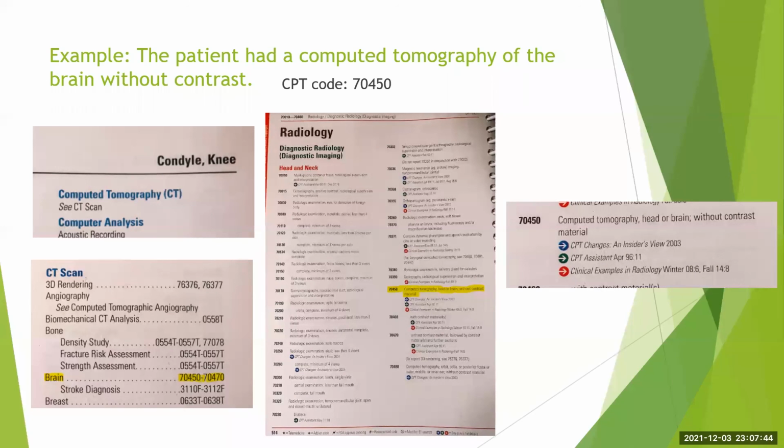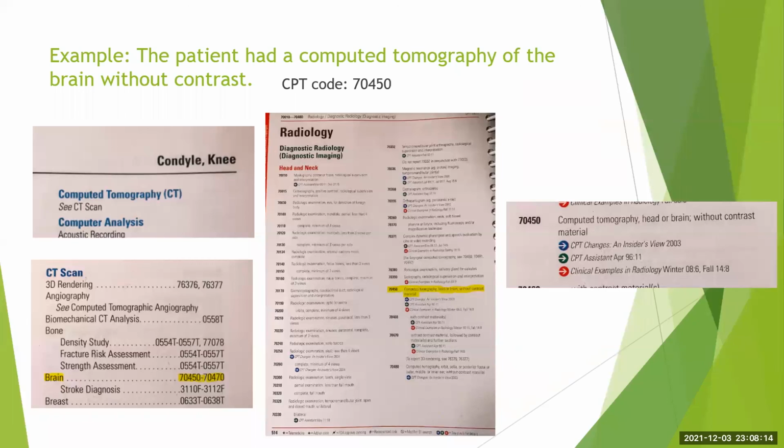So I was looking for computed tomography, and the cross-reference tells me to see CT scan. So then I went in the index to CT scan and I found brain, and it gave me a code range, 70450 to 70470.